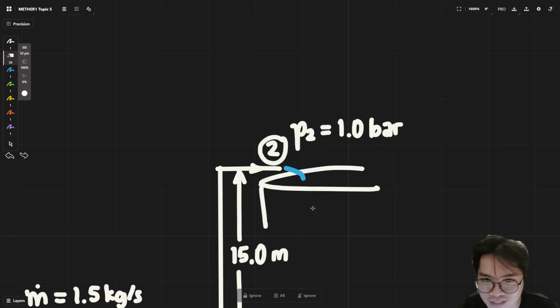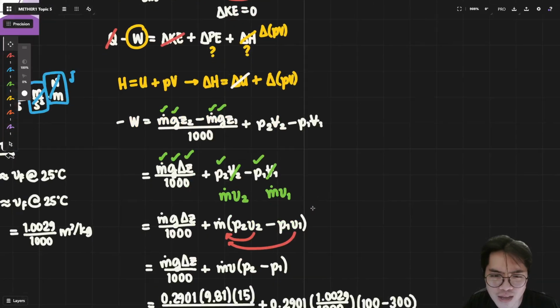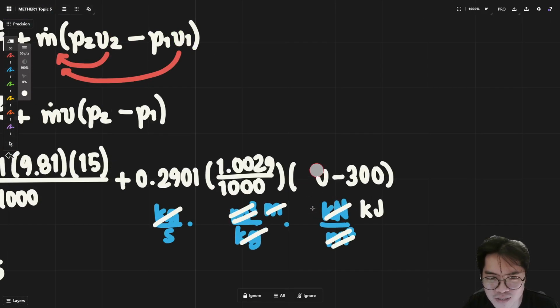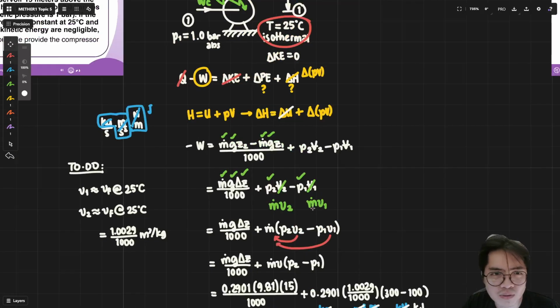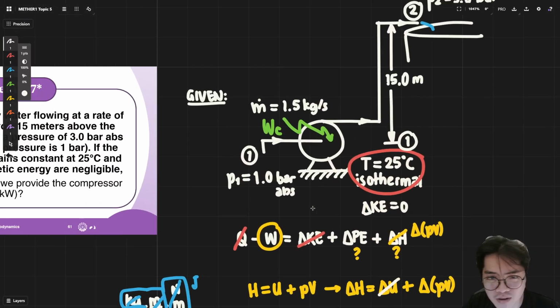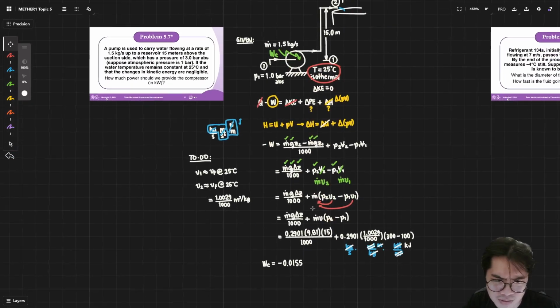Okay, never mind. Sorry, guys. So this is 3 bar, and this is the one that is at 1 bar. That's why I was wondering. So this is actually just 300 minus 100. This one is the one that's open to the atmosphere. Oh boy. I feel like I'm gonna have to redo this.